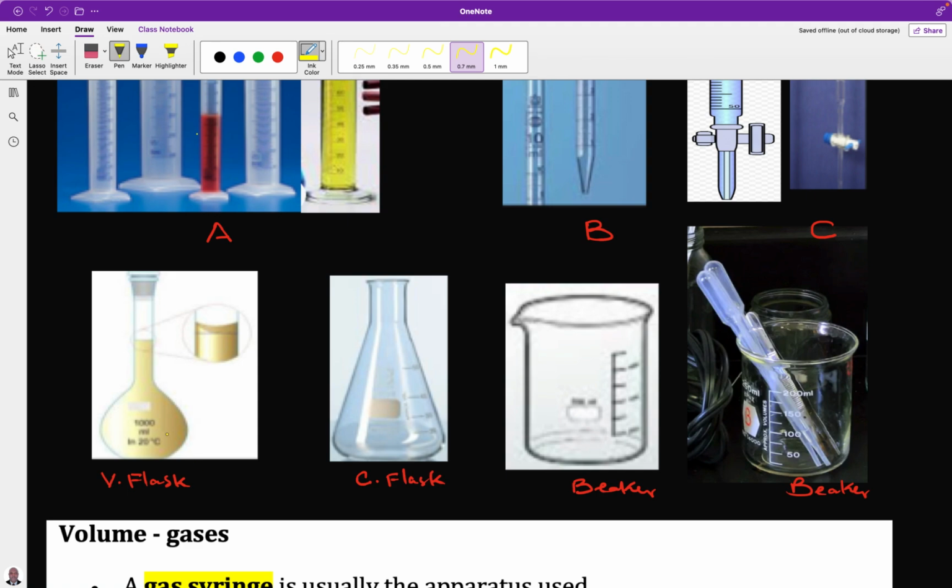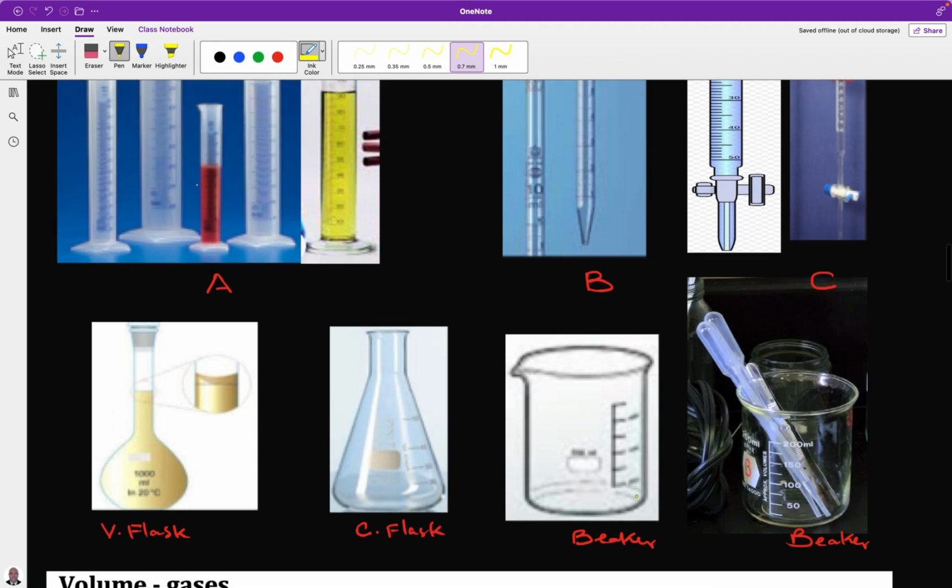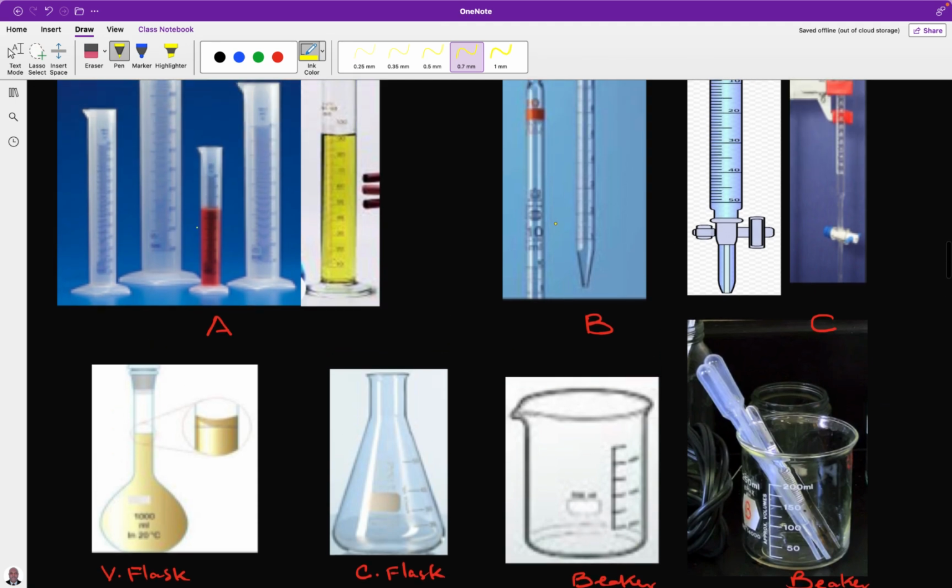It is 1,000 cm cube, which is equivalent to 1 dm cube, or 1 liter. This is a conical flask, and this is a beaker. All these are also used for the measurement of volume. But when it comes to accuracy, we talked of the pipettes and the burettes.